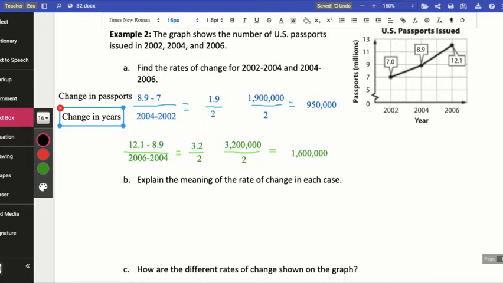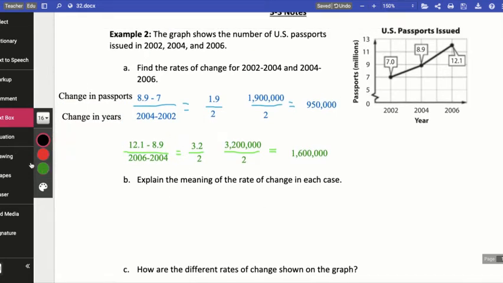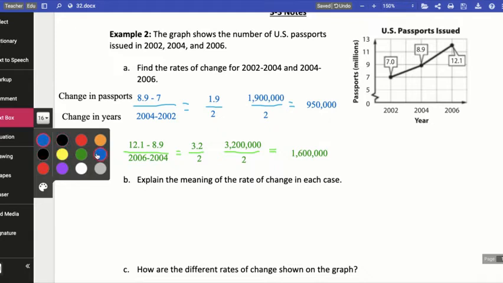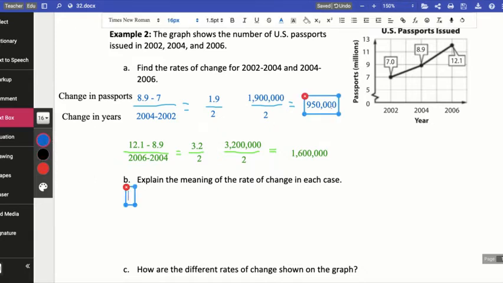Part B says explain the meaning of the rate of change in each case. And I had talked about this a little bit. This 950,000 means that there were 950,000 passports issued per year on average.